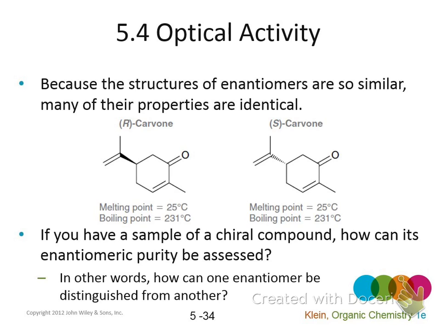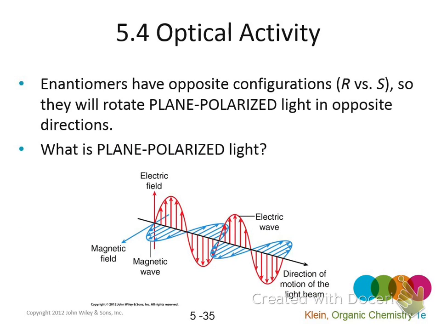You can't do it by boiling point. You can't do it by density. You can't do it by index of refraction. The only thing that happens is that they interact with light differently. I started talking about this a little bit the other day, but let me go into this. Light is an electromagnetic wave, and it travels through space.